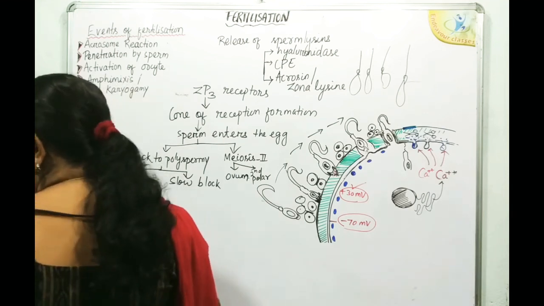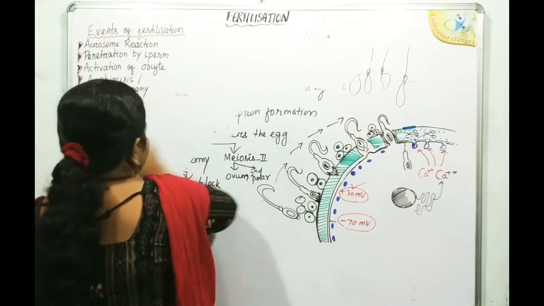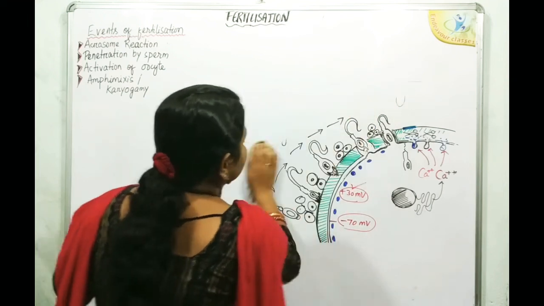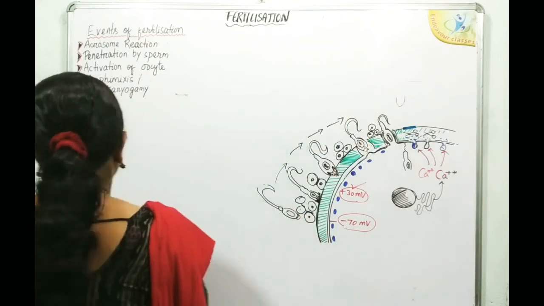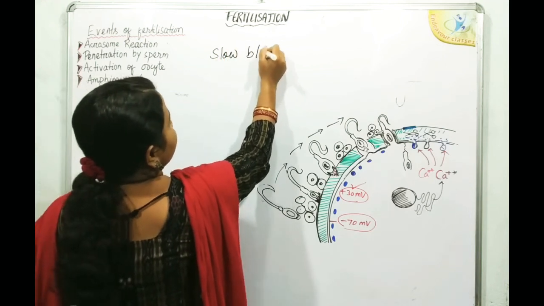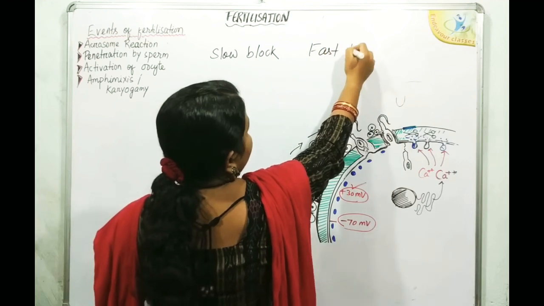So let us erase all these things and summarize what we have discussed. So there is slow block to polyspermy and fast block to polyspermy.